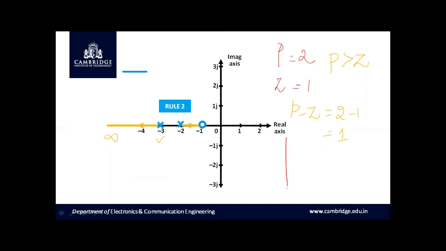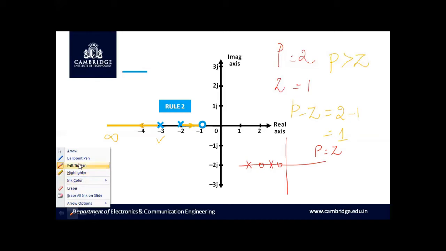Let us take another example in which the number of poles is equal to the number of zeros. Then we know that p is equal to z, which is a strictly proper transfer function, and all the poles will be terminating at zeros. Let me highlight it with a different color.